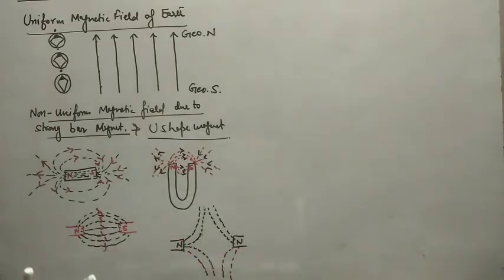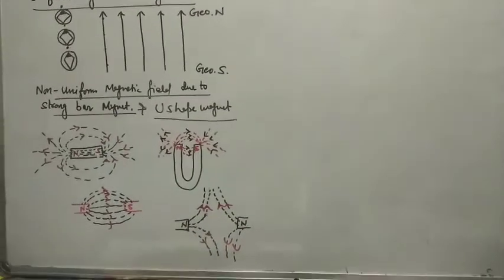So the direction is again away from north, or you can say it starts from north in this way. The same case you will have for south, but the arrows will be inward.